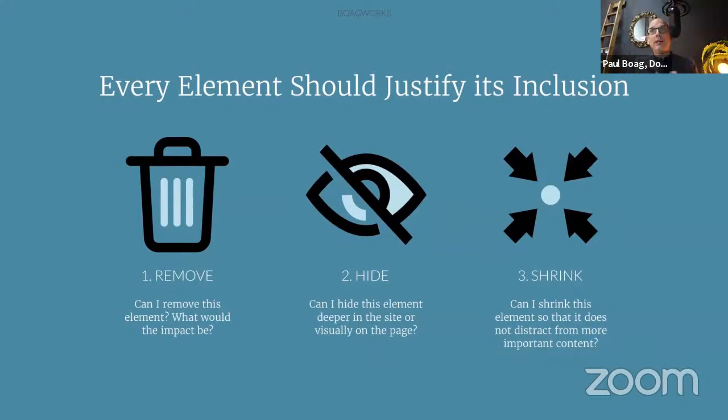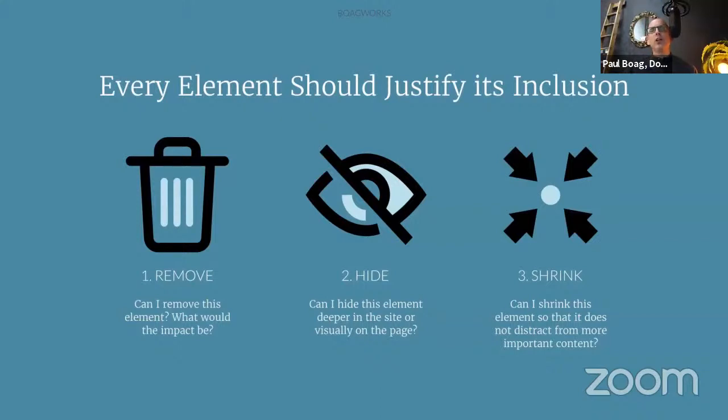And if you can't hide it, can you shrink it? Can you visually de-emphasize it? Sure, you have to have legal notices on your website, but they don't have to be massive. Those cookie notifications don't need to be huge. So we need to simplify, radical simplification of our user interfaces.